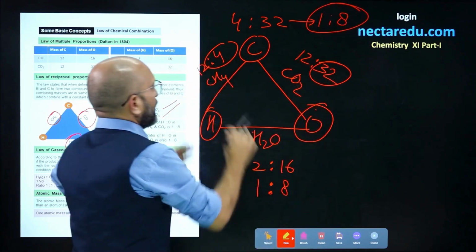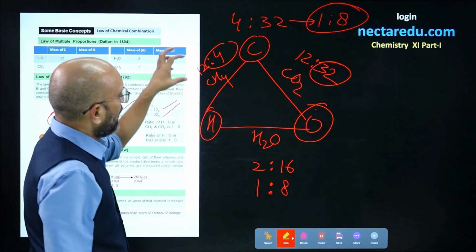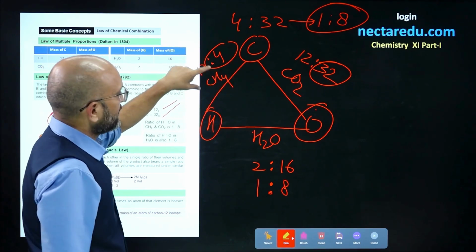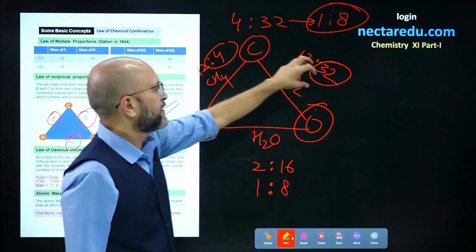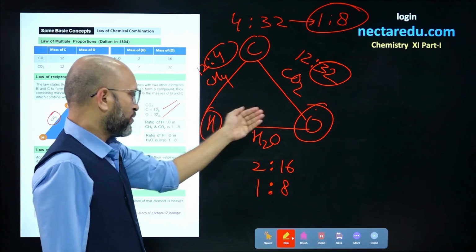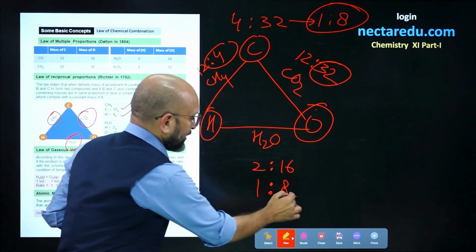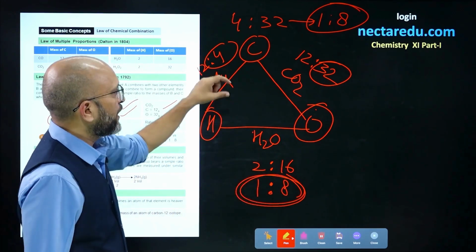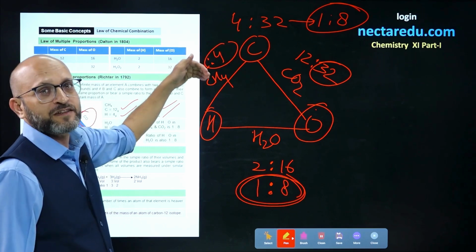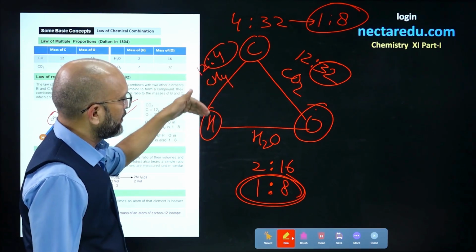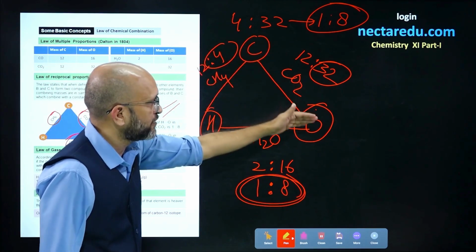This is the ratio in the masses of the different compounds in which hydrogen and oxygen are present. There is the mass of hydrogen and there is the mass of oxygen, and here you get these two atoms combined in the same ratio. That is what the law of reciprocal proportion says: a fixed mass of one atom combines with another atom to form two different compounds, as carbon and hydrogen form methane and carbon and oxygen form CO2.